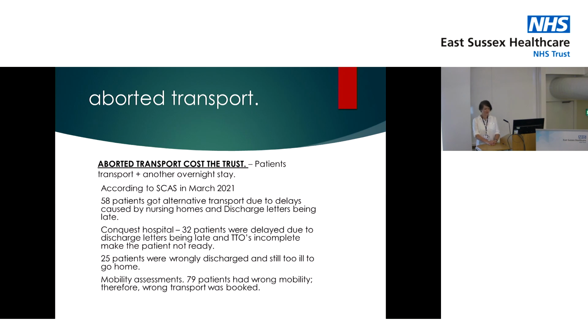At Conquest Hospital, 32 patients were delayed due to discharge letters being late and TTOs incomplete, making the patient not ready. 25 patients were wrongly discharged and still too ill to go home. And 79 patients had wrong mobility, therefore wrong transport was booked. Quite high, really.